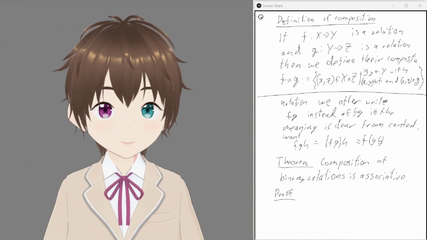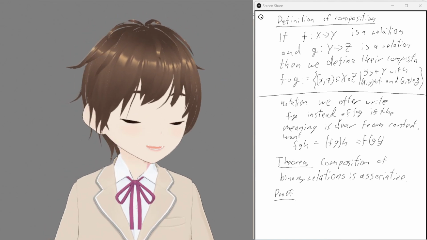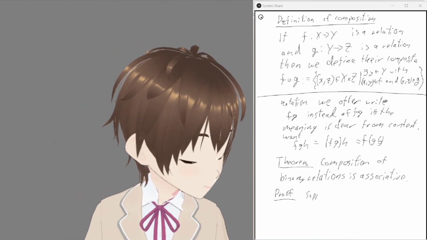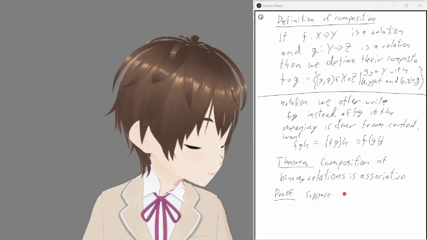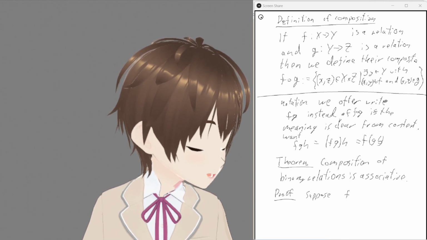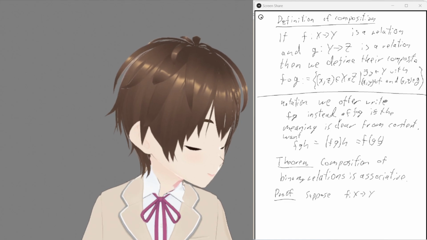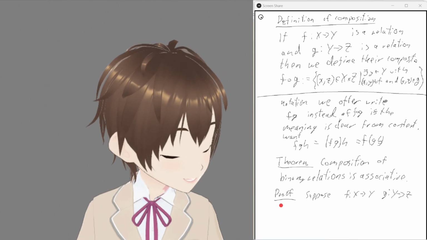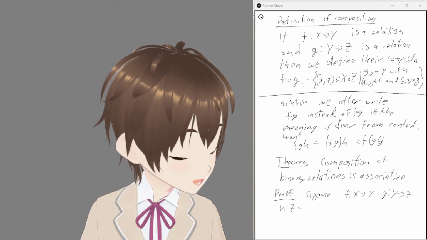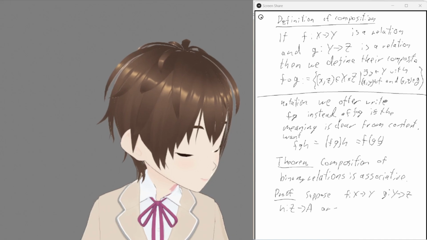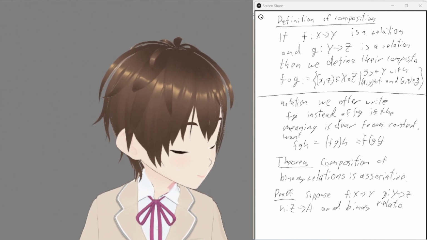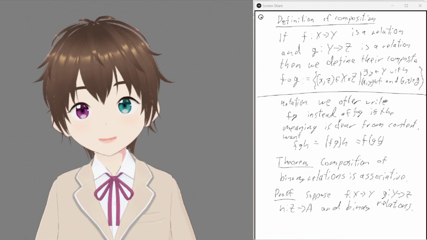So I just need to check that these are equal. Suppose I have three binary relations: f from X to Y, g from Y to Z, and h from Z to capital A. We can just inspect what the definition of the composites are.